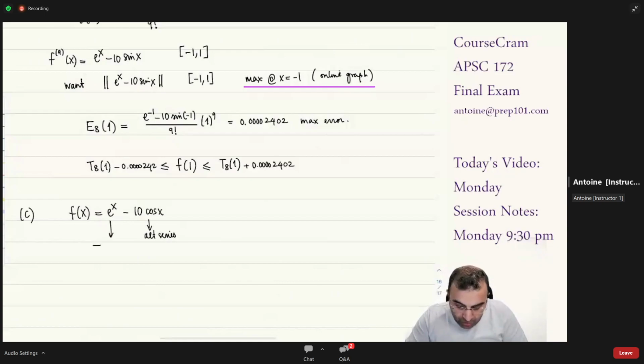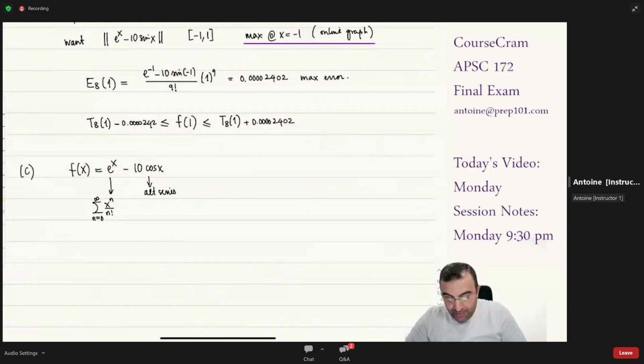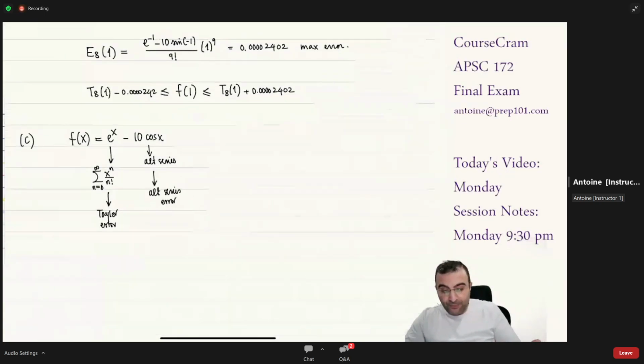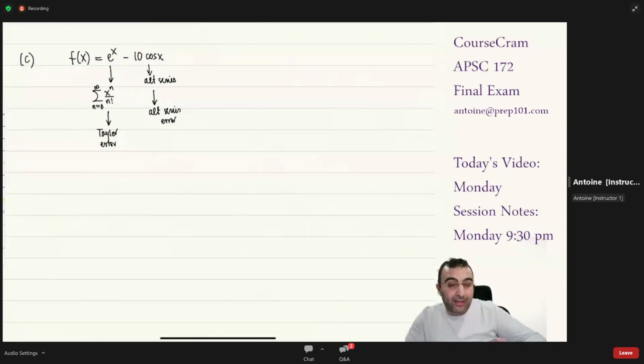This one is just the summation of x to the n over n factorial from n equals 0 to infinity. So for this one, we're going to use the Taylor error. For this one, we're going to use the alternating series error. So we're going to do a better result than what we did before. We're going to better approximate this by giving you a Taylor error for this, but an alternating error for this.